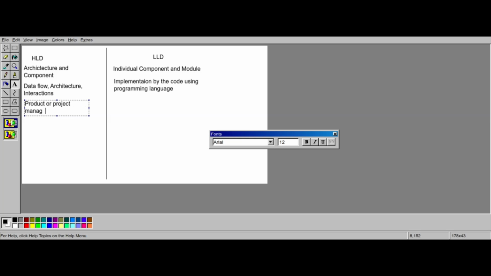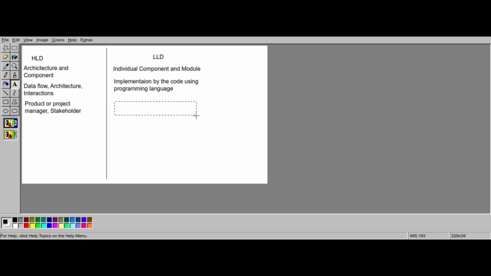Product manager, project manager, customer or stakeholder check the overview, the high level design. But for low level design, who is responsible?